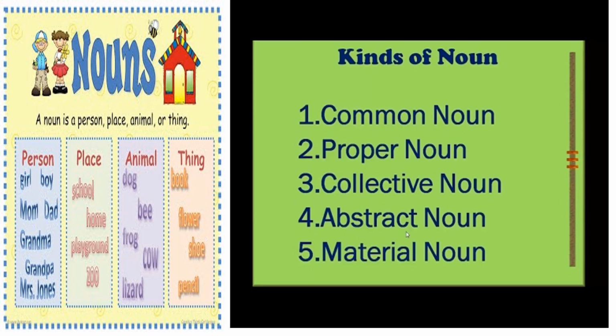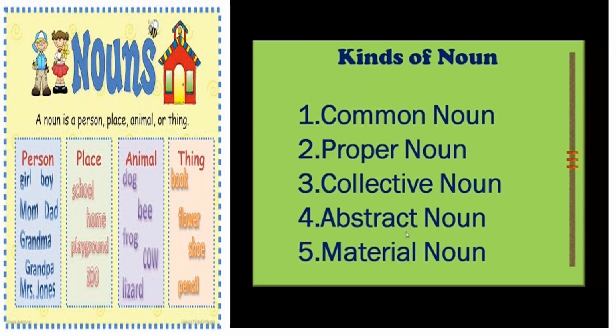For example, if you are taking person, it can either be girl, boy, mom, dad, grandma, grandpa, or the name of the person, Mr. Jones, Mrs. Jones, or it can be even Mr. Gupta, Miss Gupta, anything for that matter, any name.